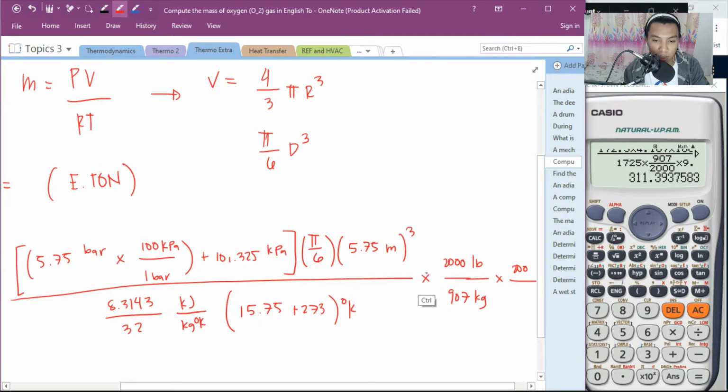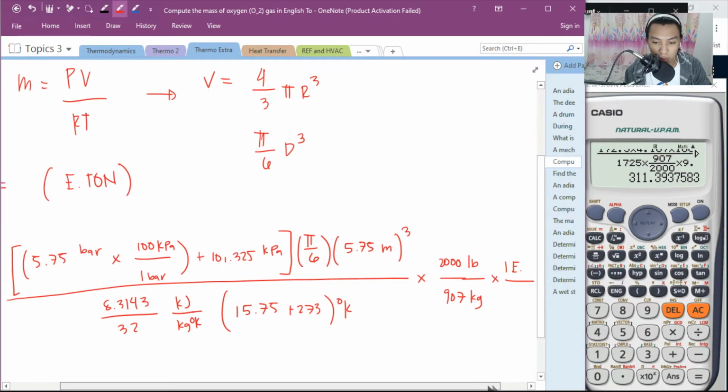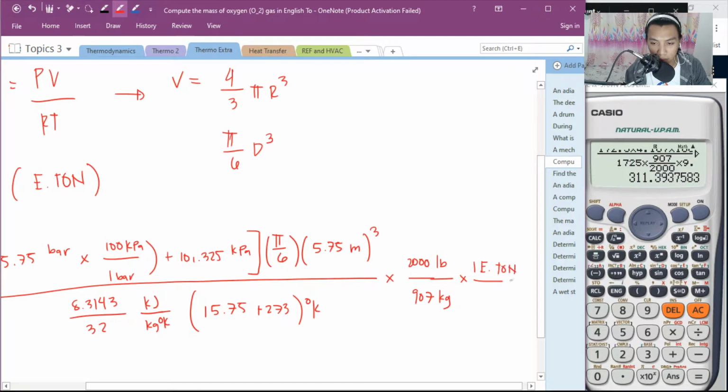Mali. Dapat nasa baba. 1 English ton, 2,000 pounds. Cancel the same units and then the same values. To 2,000, yung pound, yung kilogram, degree Kelvin, degree Kelvin.